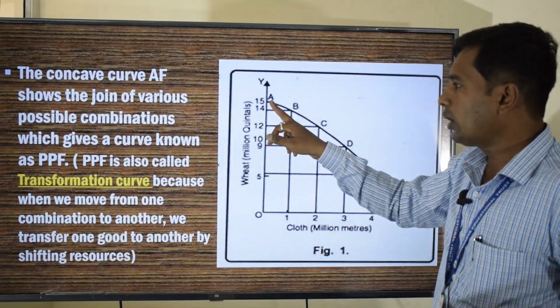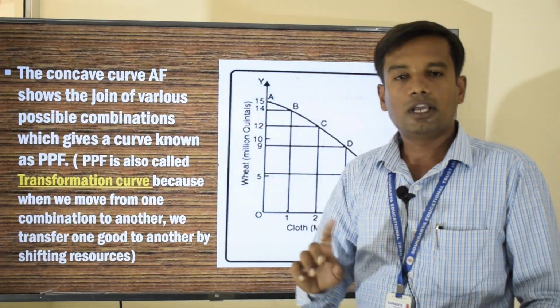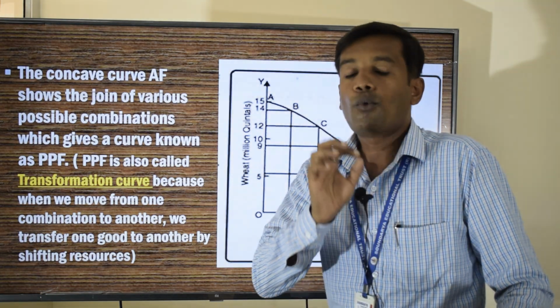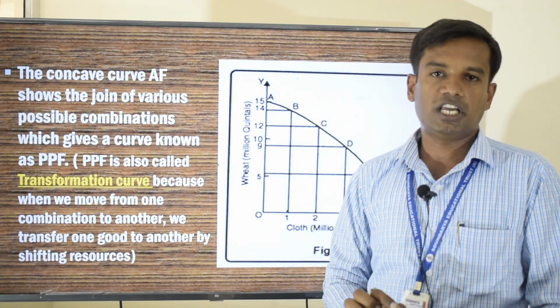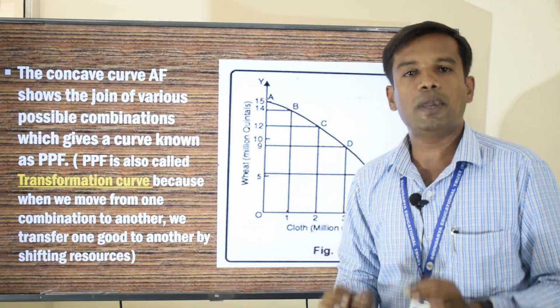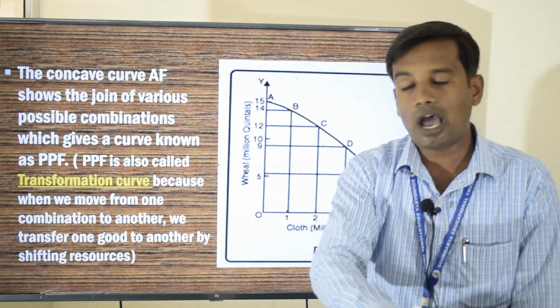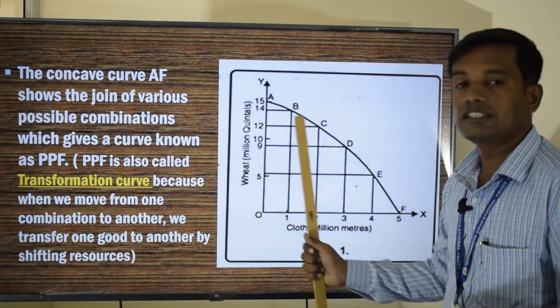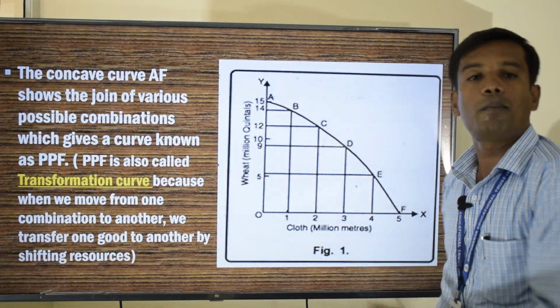So when we join all the combinations, we get the PPC. In the beginning, as I told you, what do we mean by PPC? PPC is a graphical representation of various combinations of two goods that can be produced with the help of resources and technology. Now you can see that it is a graphical presentation. We are representing the PPC in the form of a graph.